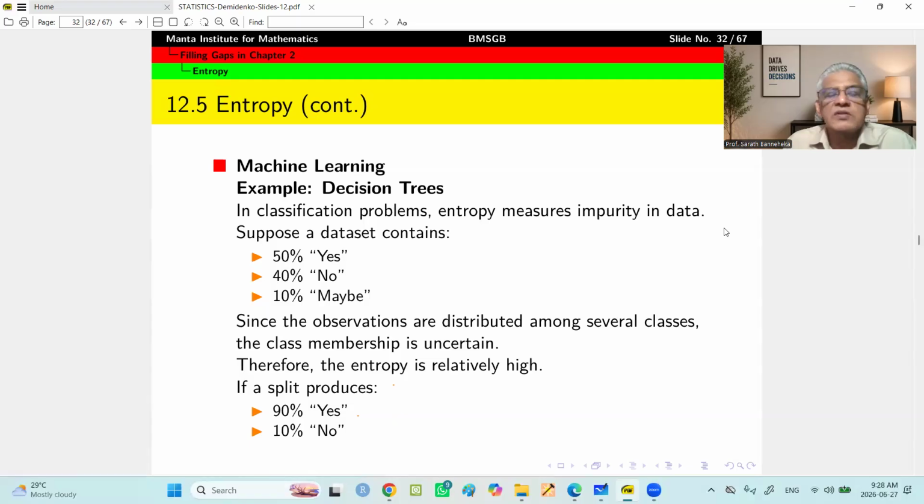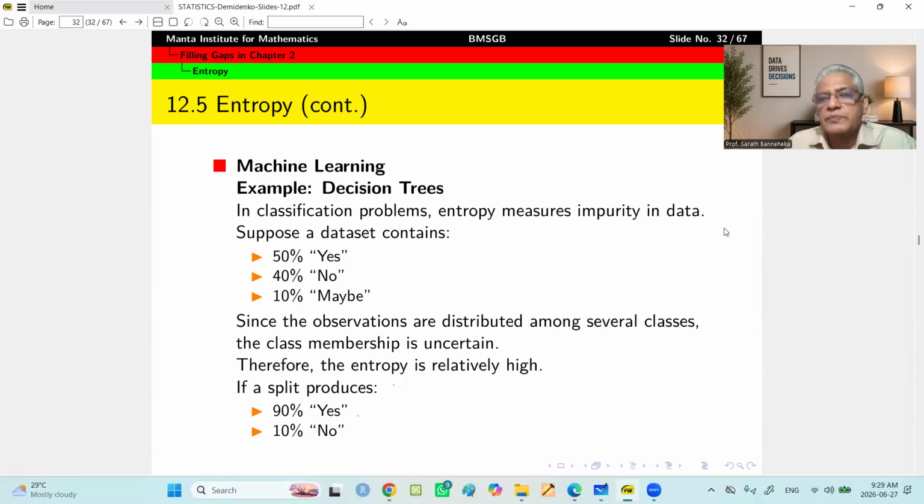Suppose a data set contains, for some question, the answer as one of three things: yes, no, or maybe. But suppose two of them have roughly equal probability, but one is less: 50%, 40%, and 10%.